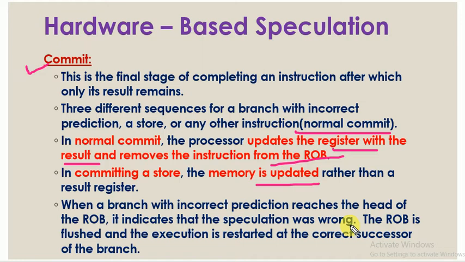That means the branch was wrong. What will happen? The speculation, or assumption or guess, was wrong. Now the ROB is flushed. All the contents of the ROB will be flushed, and we need to restart the entire execution once again by executing the branch instruction once again.